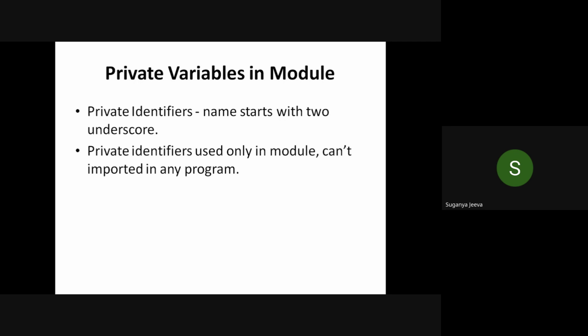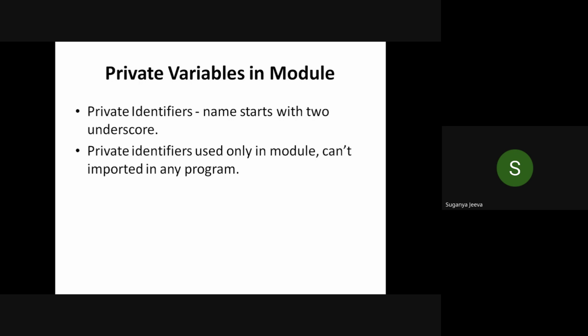If you want to create private variables that will be used only within that module, and the programmer should not use those variables elsewhere, you can create them by using a double underscore. Private identifiers have names that start with a double underscore. In Python, identifiers whose names start with a double underscore are private identifiers.